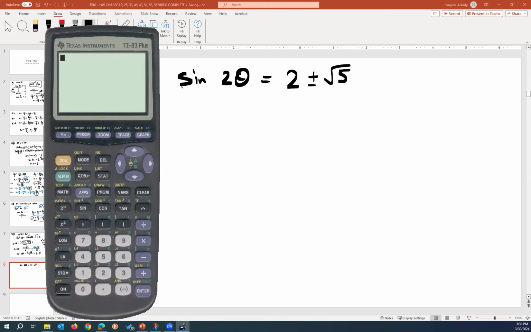All right, and I'm going to go with what's 2 plus the square root of 5. And good, it's 4.3. There's no way sine could be that.